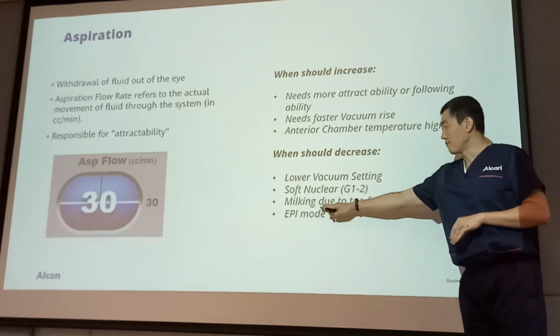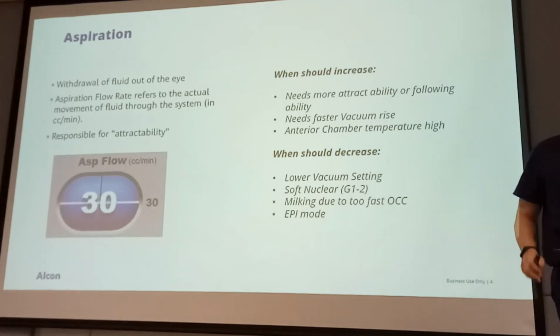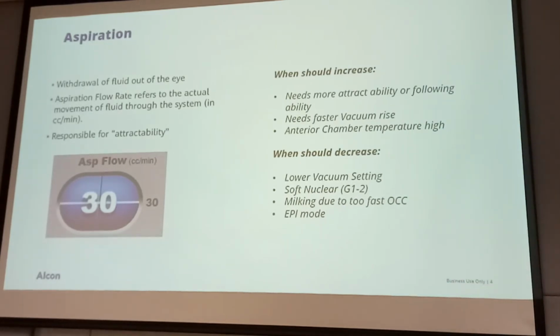And also, when we are facing milking, sometimes the emulsification is not enough because of too much holding force. With too much holding force, the nucleus is cracked here and there is no space for aspiration. Sometimes we think there's no space for aspiration, so we increase the aspiration, right?